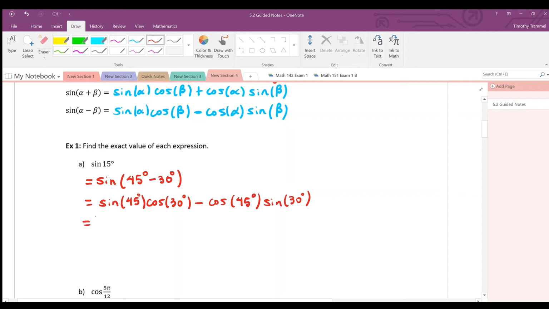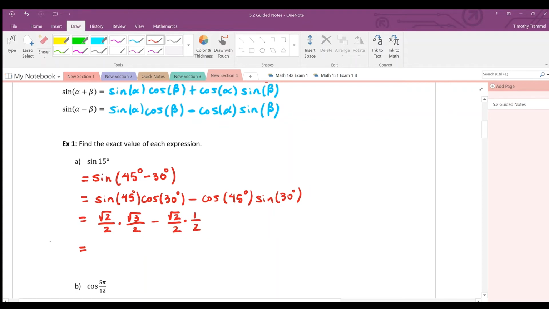Sine of 45 degrees we know to be the square root of 2 over 2. Cosine of 30 degrees is the square root of 3 over 2. Minus cosine of 45, which is the square root of 2 over 2, and then sine of 30 is 1/2. The next thing we're going to do is a little bit of simplification.